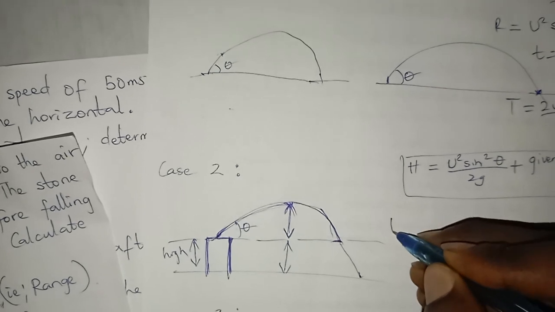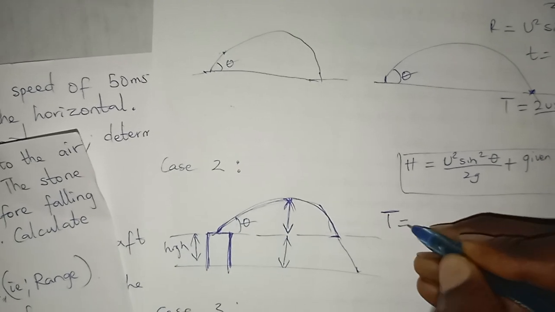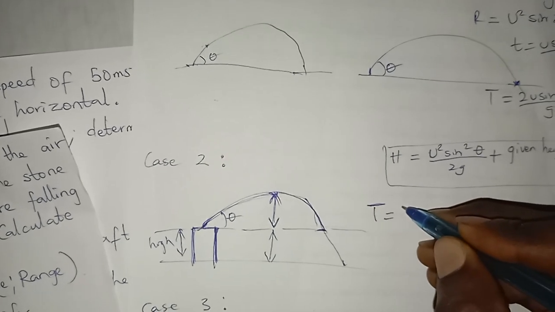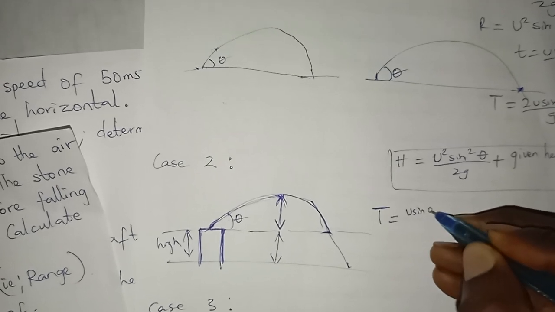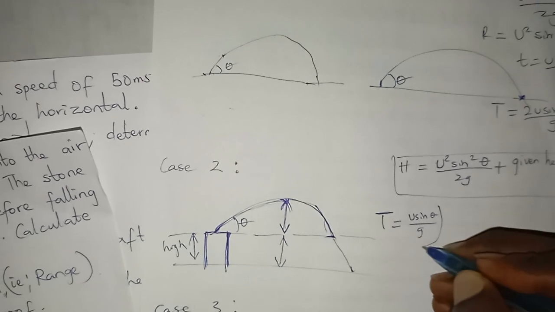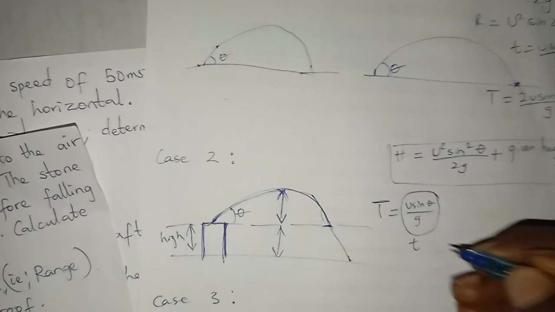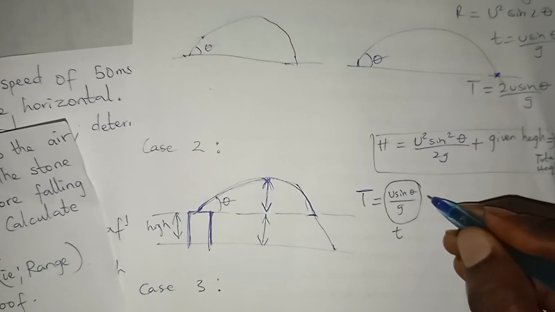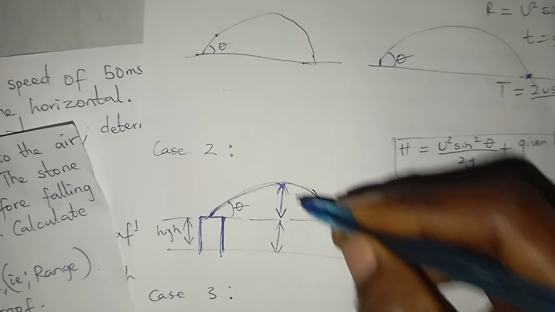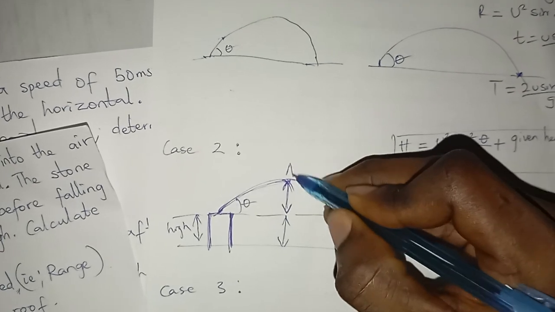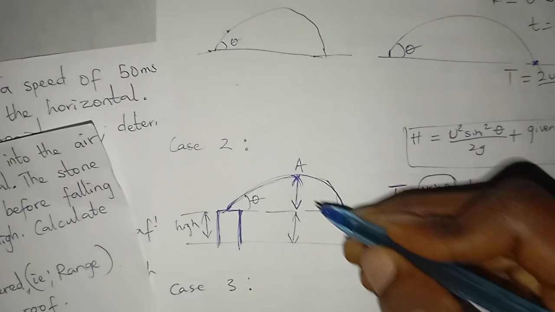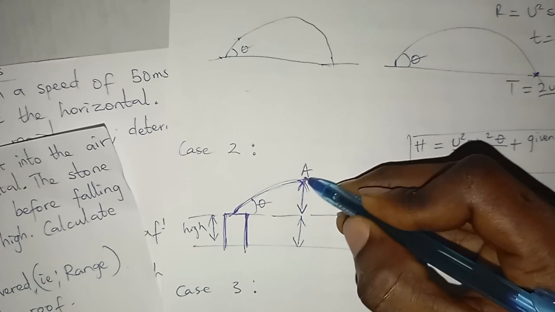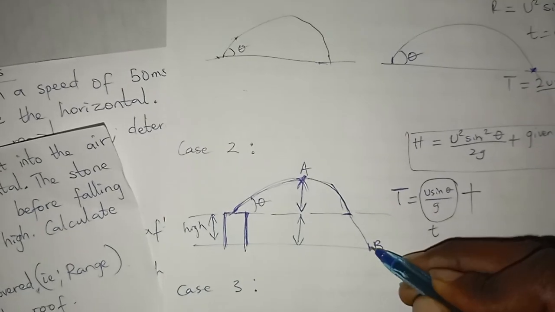To find the total time, you first find t, the time to reach maximum height, which is u sine theta over g, then plus, let's say this is a and this is b, you now find the time to move from a to b.